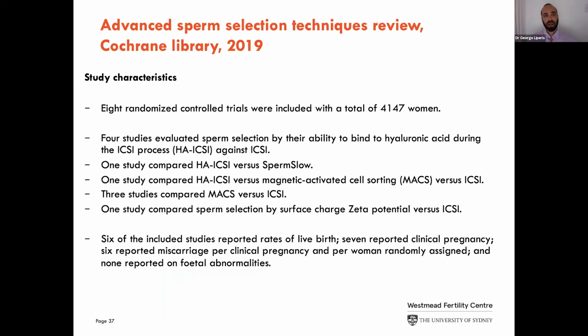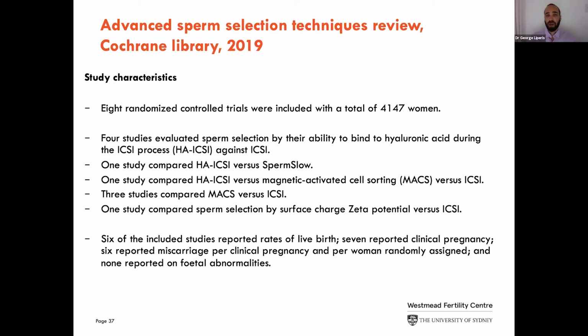So how about advanced sperm selection techniques as we have described them? There was a recent release in the Cochrane library last year in which they had 8 randomized controlled trials and a total of 4,147 women. And in this Cochrane study, there were 4 studies that compared hyaluronic acid against ICSI.